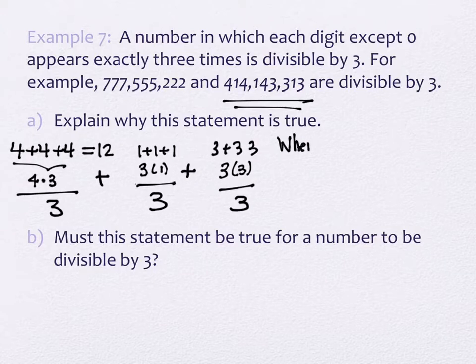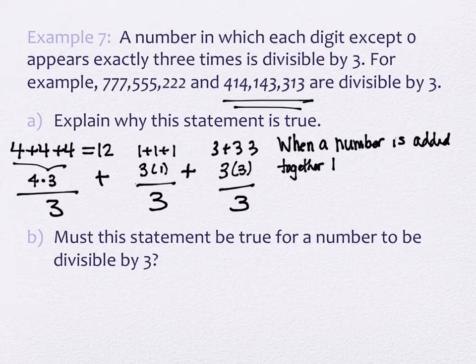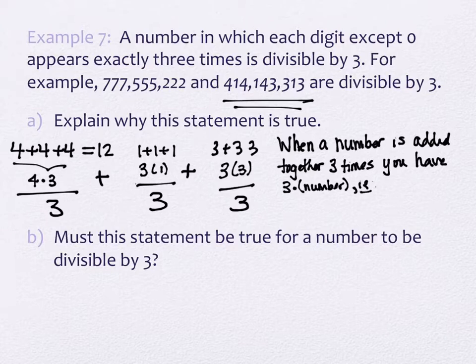Okay, so what we have is that when a number is added together three times, you have 3 times the number, i.e., 3 is a factor of this.